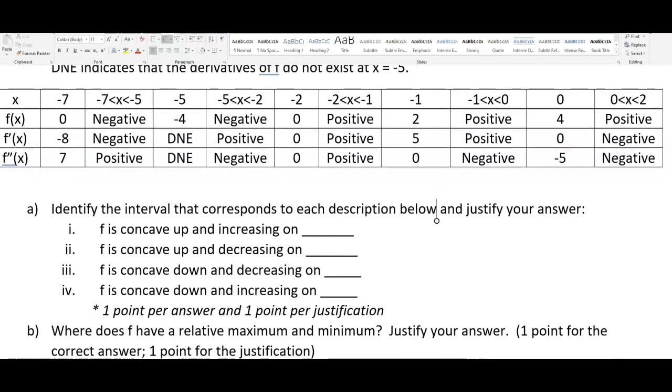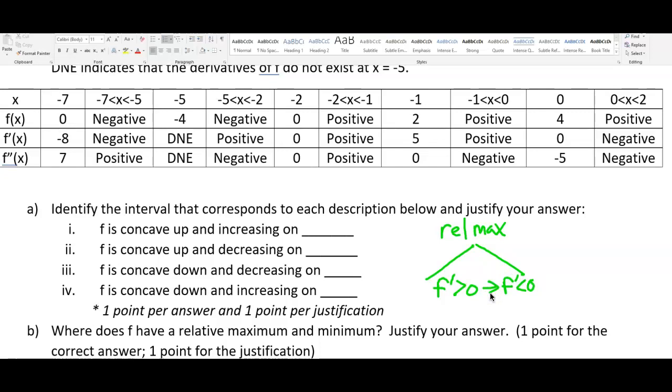All right, now this one, actually the graph is a little bit easier. But for this one, let's review for a second. A relative max is what happens whenever a derivative goes from positive to negative, left to right.